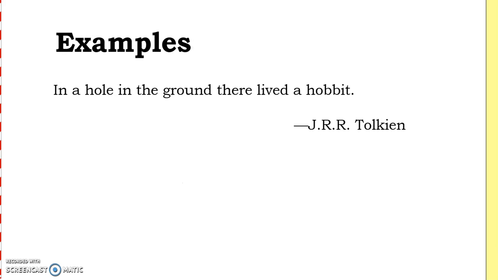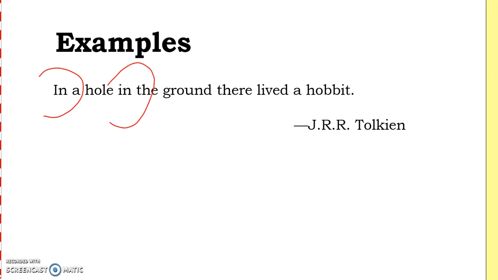This is the first sentence of Tolkien's The Hobbit. In a hole in the ground there lived a hobbit. Let's hunt out the prepositions in this sentence. The first one we see is the first word in the sentence, in. The second one we see is the fourth word in the sentence, in again.